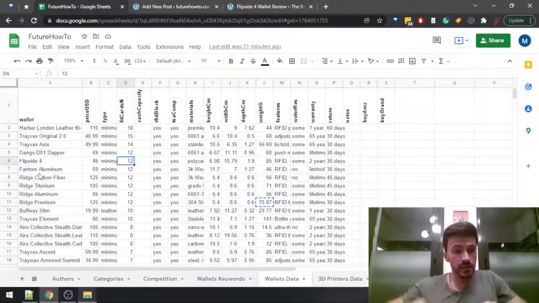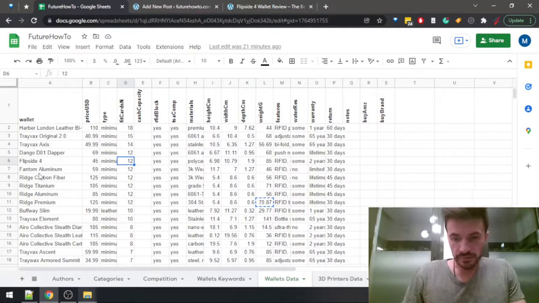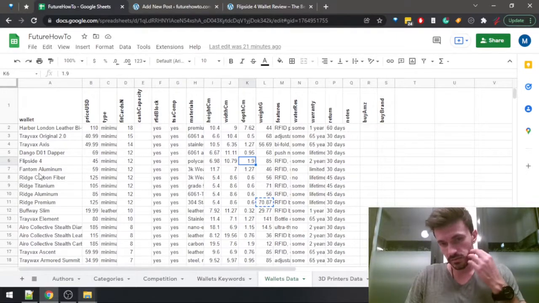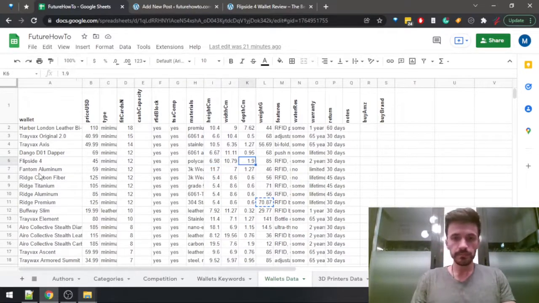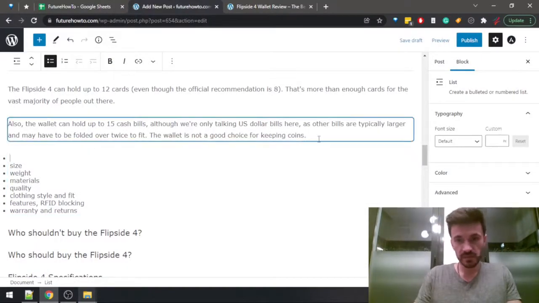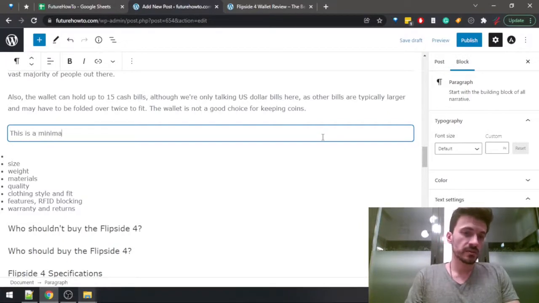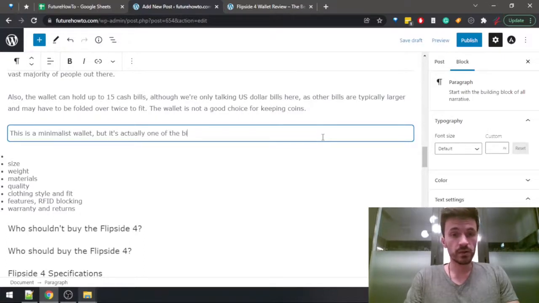So, size. Let's see what we got here. Yeah, this is one of the bigger wallets out there, I think. So that's maybe its downside. This is a minimalist wallet, but it's actually one of the bigger ones out there.